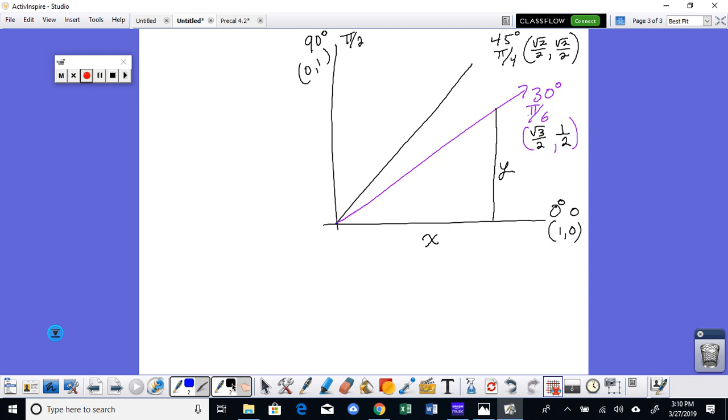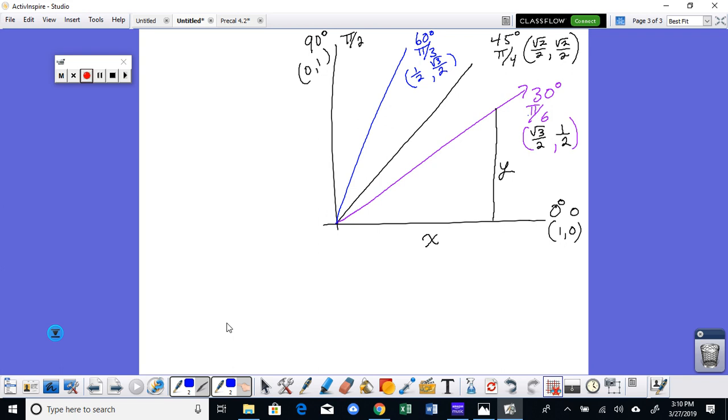Then we're going to finish this off by doing my 60 degrees, or my pi over 3, and this has the opposite ordered pair as pi over 6, 1/2, square root of 3 over 2.